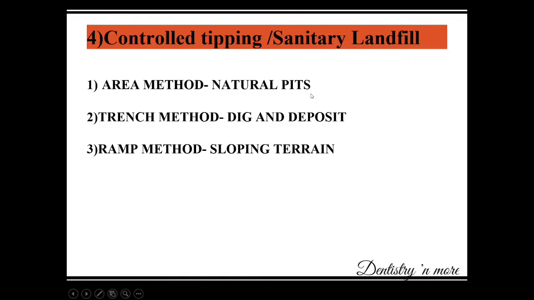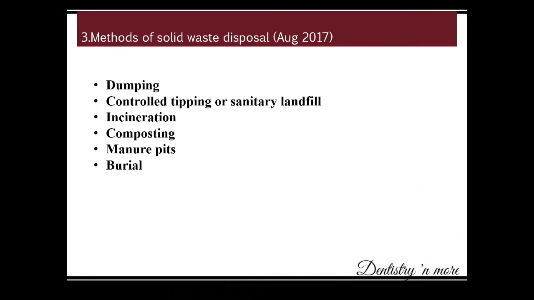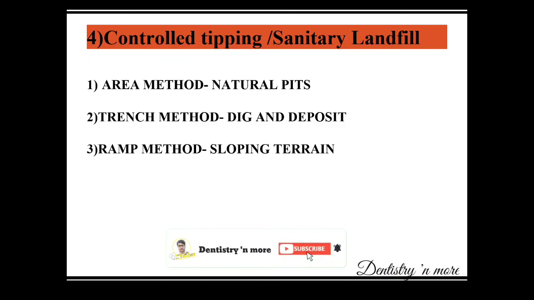Where natural pits are available, or we can dig and deposit, and if we have a sloping terrain, we create a trench and add the waste into it and cover it, but we don't segregate the waste. So this is not a very good method, but it is better than dumping. But the byproduct is methane gas, which can create global warming because methane is not good for the environment.